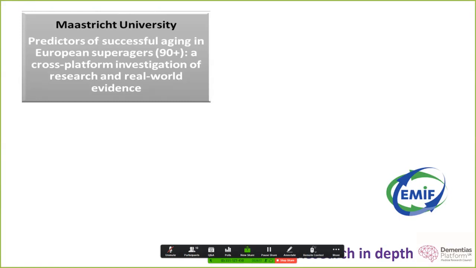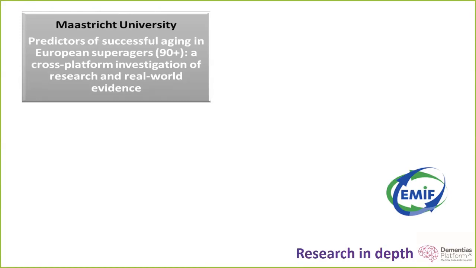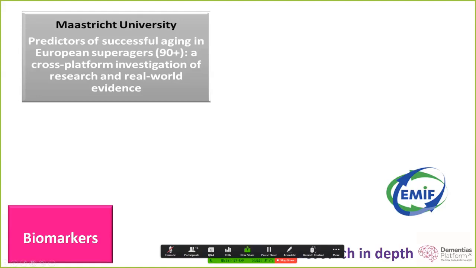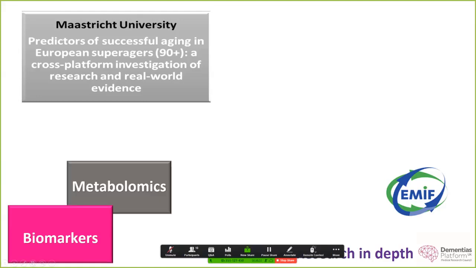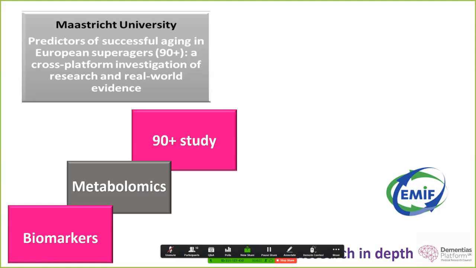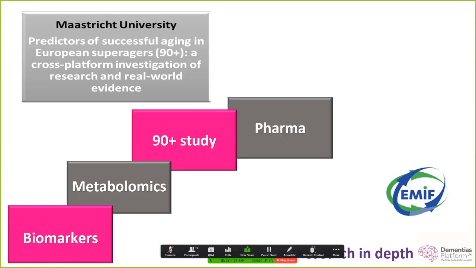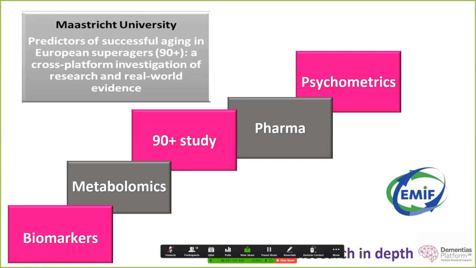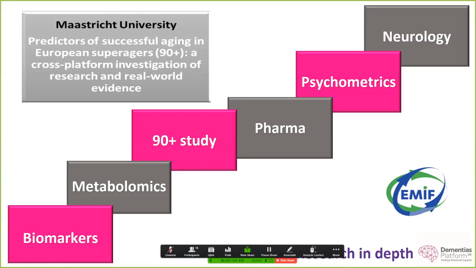And this is of utmost importance, both from a socio-economic point of view and from an epidemiological understanding as well. And as you can see, each of the collaborators in this project, we have someone who specialized in biomarkers, metabolomics, the 90-plus study researchers from Amsterdam, a pharma group, and myself in psychometrics, and someone here from Oxford in neurology.